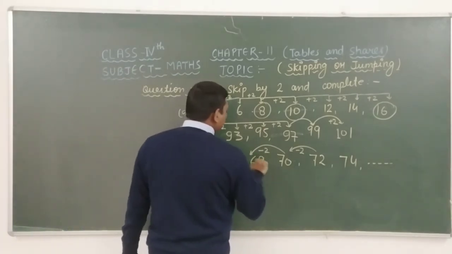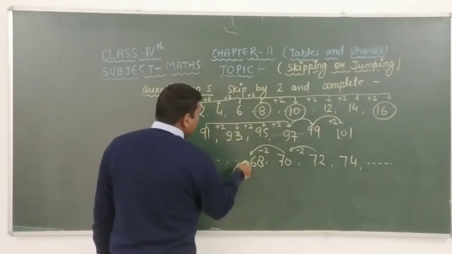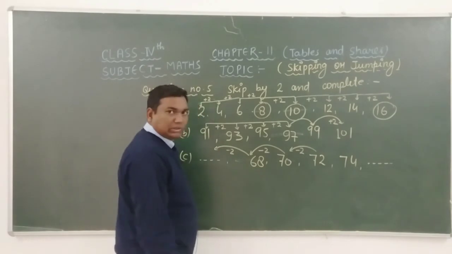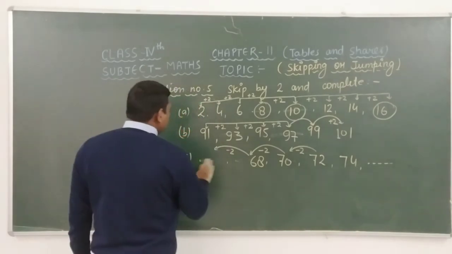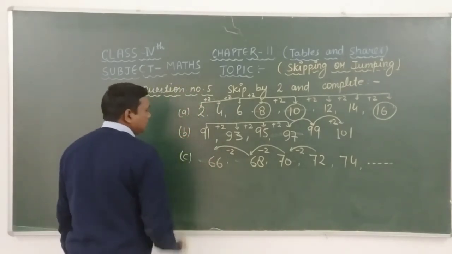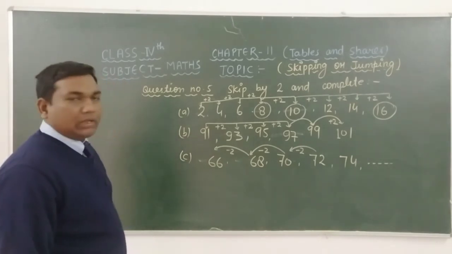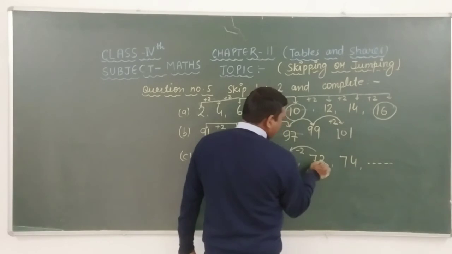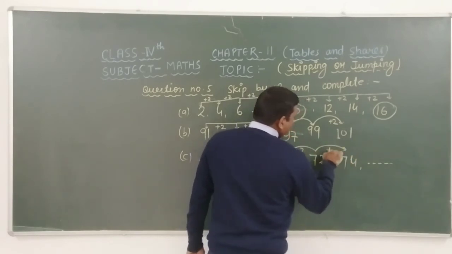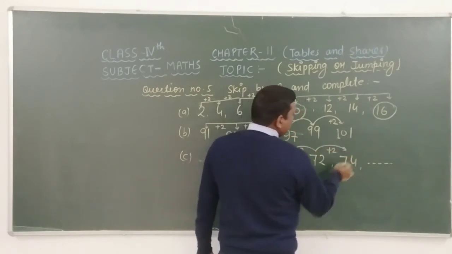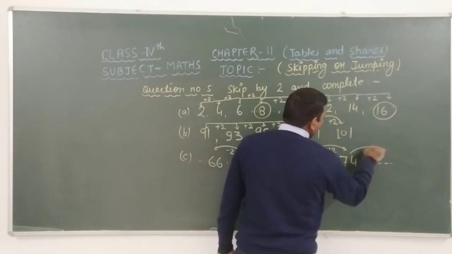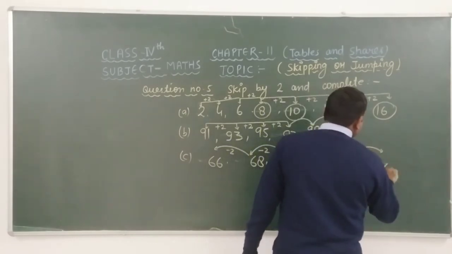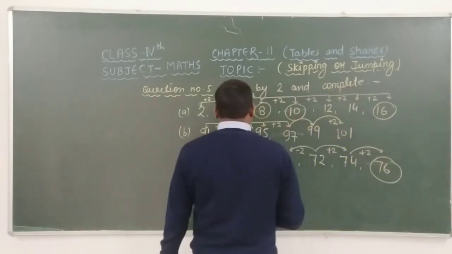Similarly, if we subtract 2 from 68, we get 66. And in this case 72 plus 2 is 74 and 74 plus 2 is 76. This is your answer.